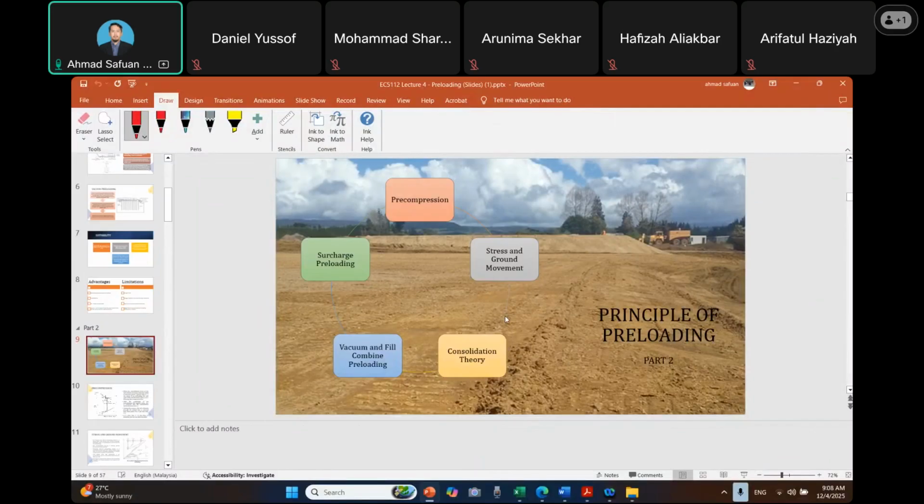We have here pre-compression, stress and ground movements, consolidation theory, and field combined preloading and surcharge preloading.